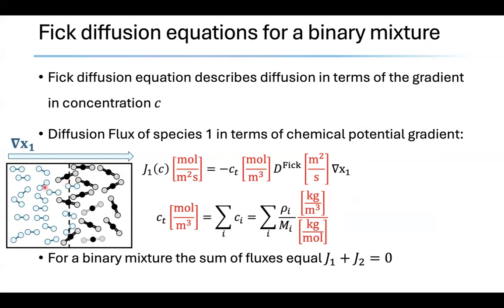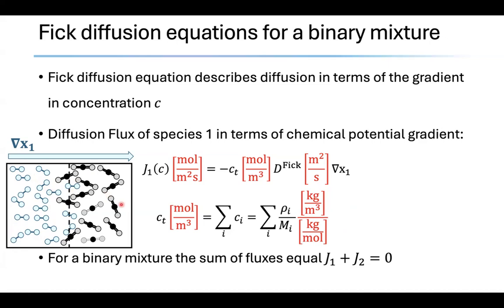If I calculate the mole fraction of the blue molecules in this left compartment, that is equal to 1. However, the mole fraction of the black molecules in the left compartment is 0.